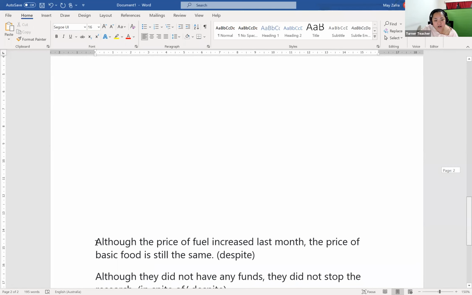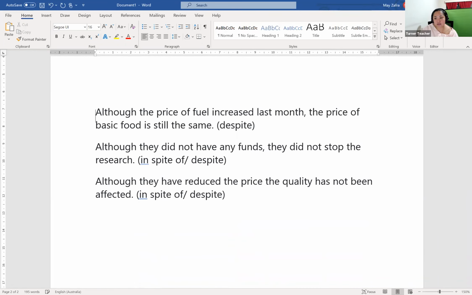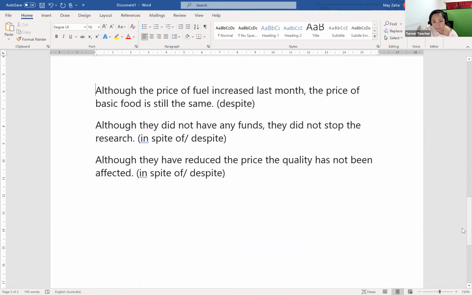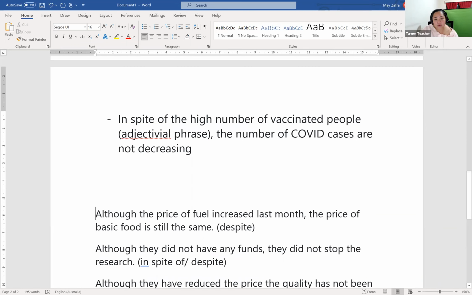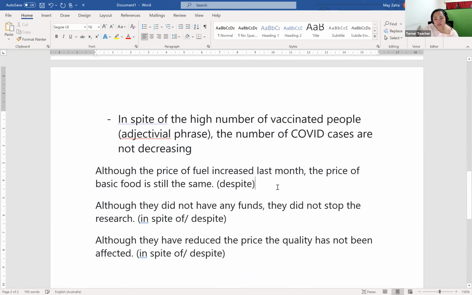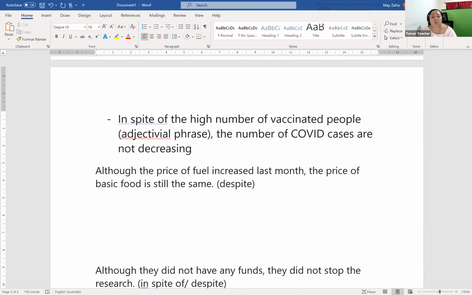So I have one sentence here, and I'm going to put it up. Although the price of fuel increased last month, the price of basic food is still the same. If we are going to transform this using despite, we have here increased price of fuel.